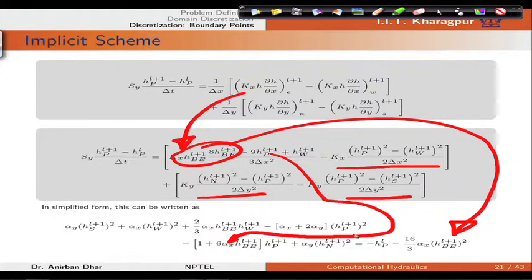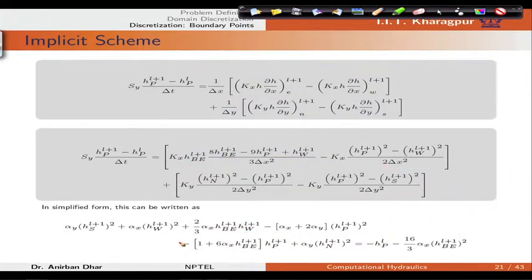So, we have this thing for our case where we are getting all terms except H_E, because there should be no H_E here, only H_P, H_W, H_S, H_P, H_N, and all known values are there on the right hand side.